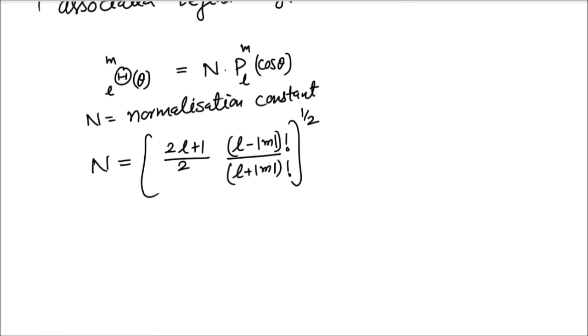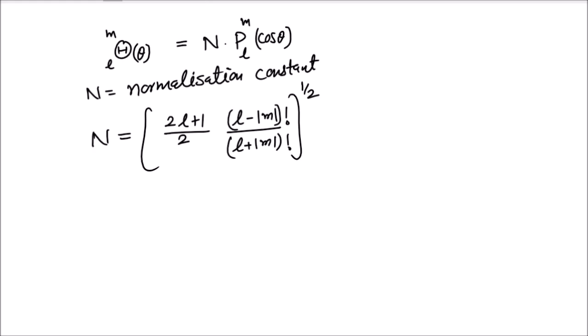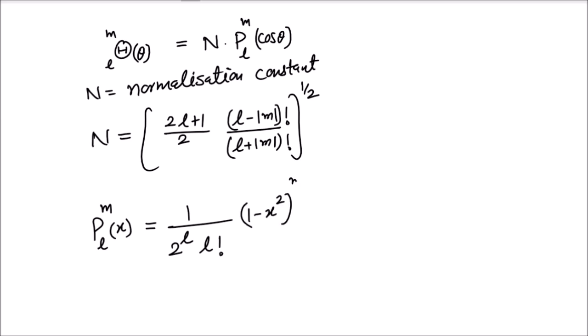Okay, and here x was cos theta. So P_L^m(x) is equal to 1 upon 2 raised to power L into L factorial, into 1 minus x square raised to power M by 2, meaning magnitude of M, and the differential of order L plus M of (x square minus 1) raised to power L. Okay, and you know x was cos theta.